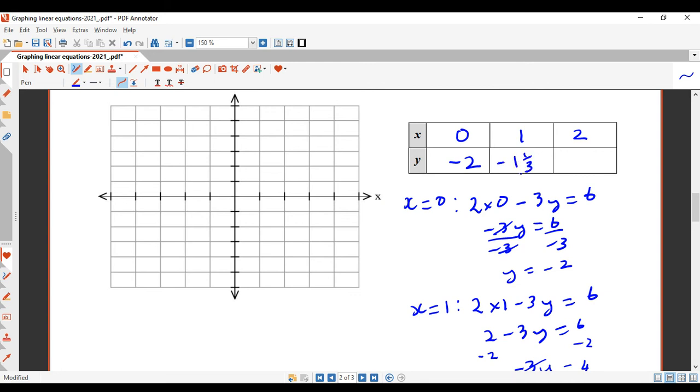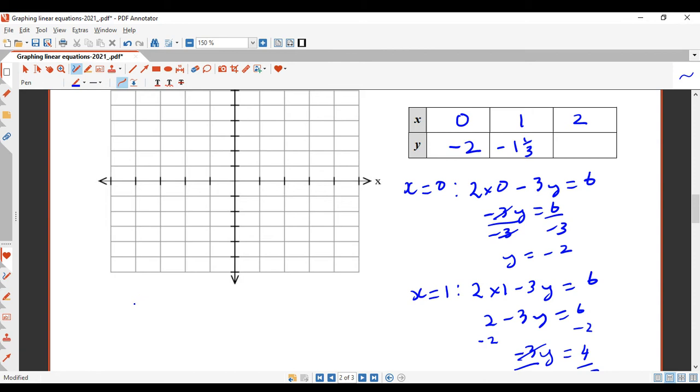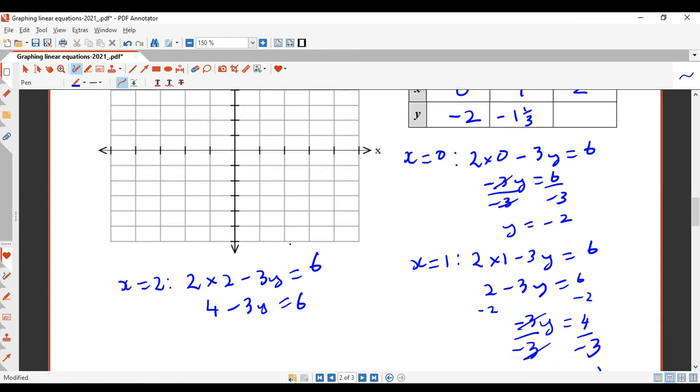Now you can see these are fractions, they're not working out so nice. Last point, x equals 2. Let's put that into the equation. So you're going to get 2 times 2 minus 3y equals 6. 4 minus 3y equals 6. And then minus 4 from both sides.